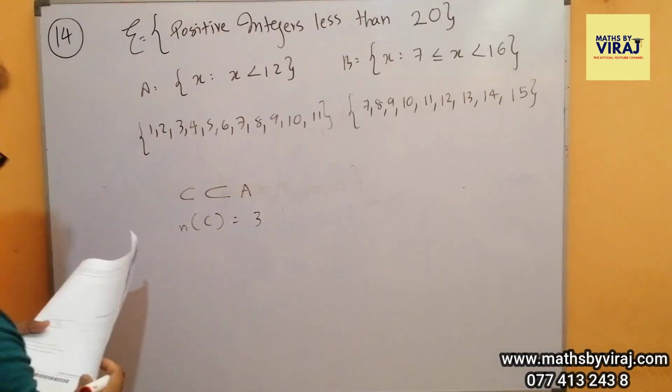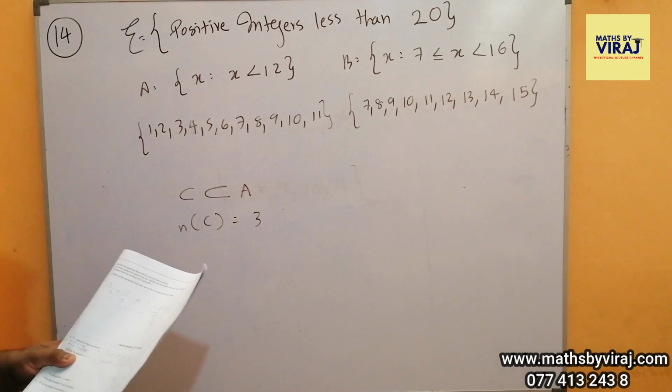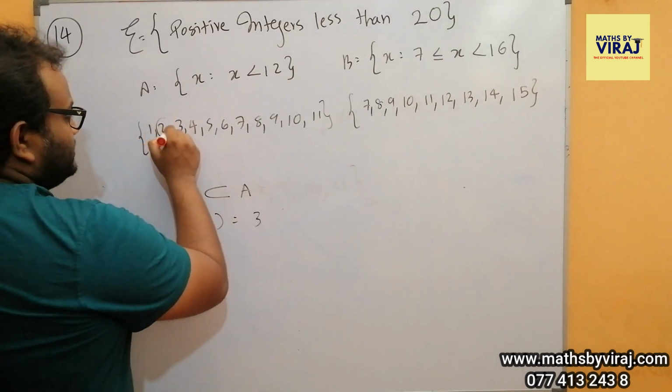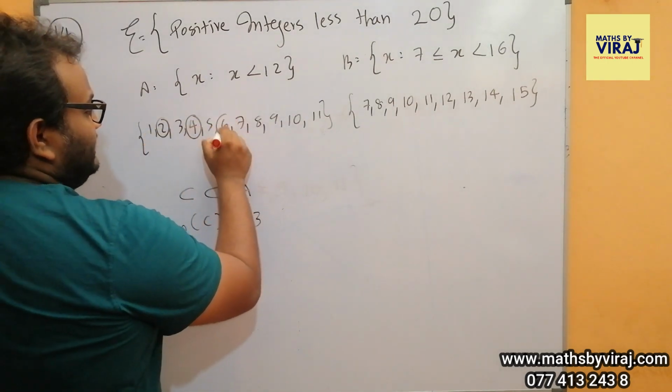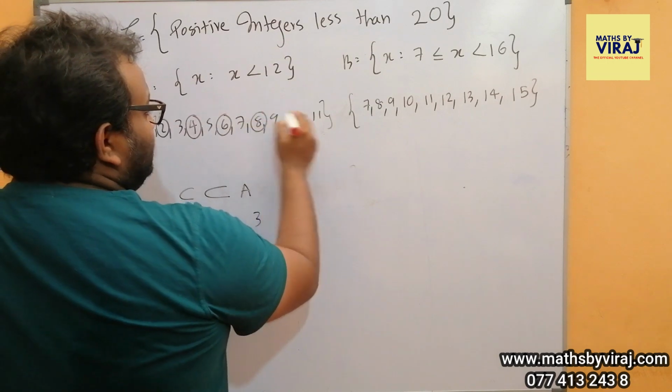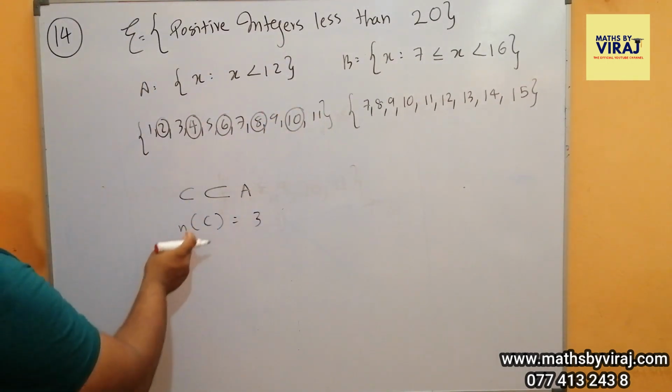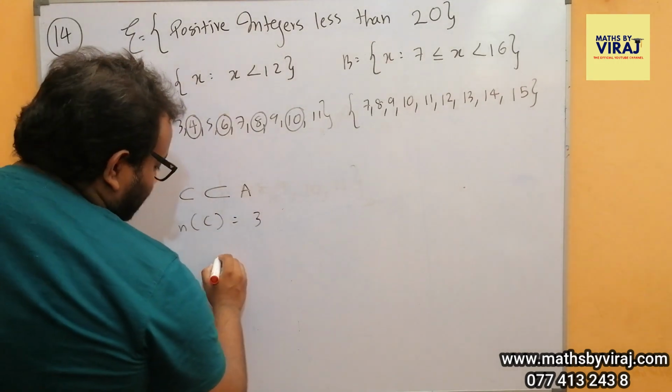Also, all members of C are even numbers. Therefore, we just have to select even numbers in set A, and the total number of elements in set C is 3.